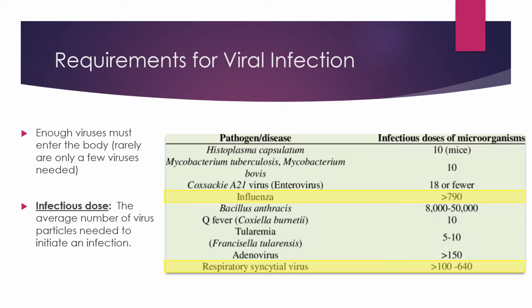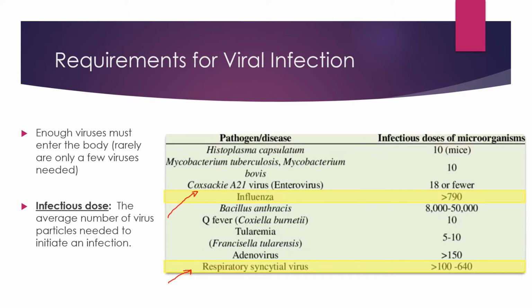The infectious dose for influenza viruses suggests that somewhere between 600 to 800 virus particles have to enter a host to cause an infection. For respiratory syncytial virus, 160 to 640 particles are needed. Some viruses, like norovirus, are extremely infectious, requiring exposure to only about 18 virus particles to cause an infection.